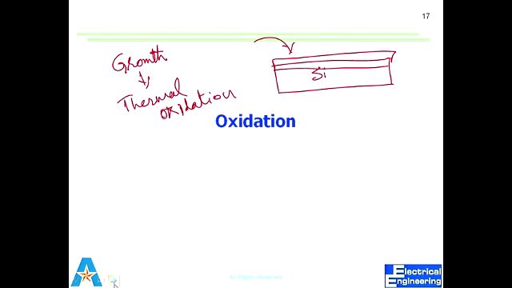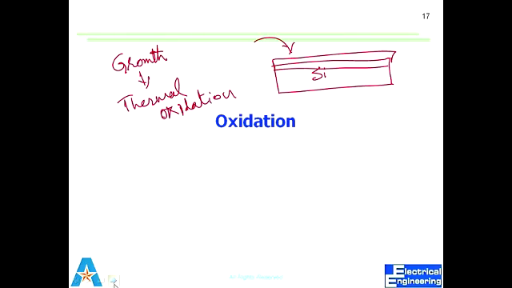If we grow it out of silicon, we call it growth. If we deposit, we don't call it oxidation. We call it oxide deposition, because that's a deposition process. So whenever you read oxidation in your diagnostic exam or exam in this class, oxidation will mean thermal growth of oxide.